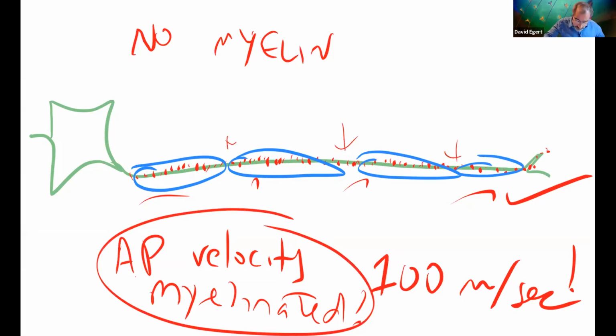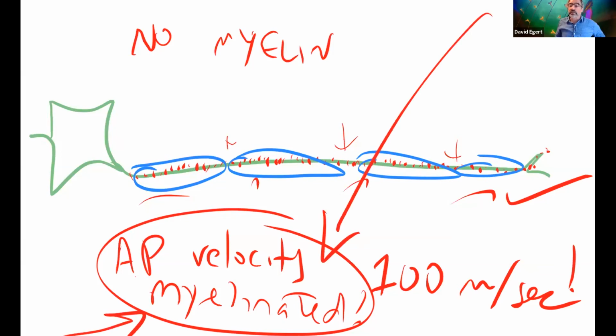If you think about what is the function of myelin, in a nutshell, what is the function of myelin? It insulates. And why? To what end? It makes the action potential faster. Yes, exactly, to increase the velocity of the action potential.